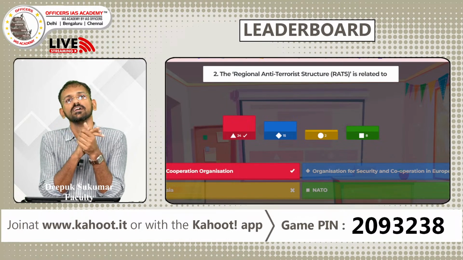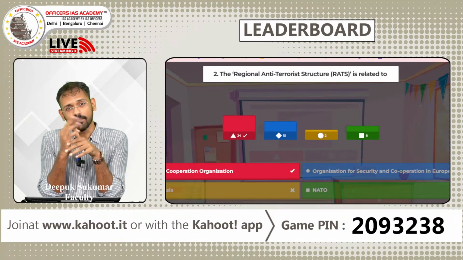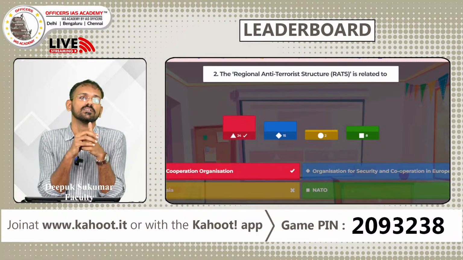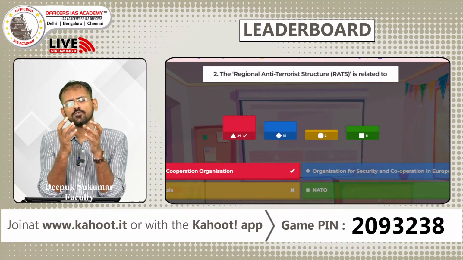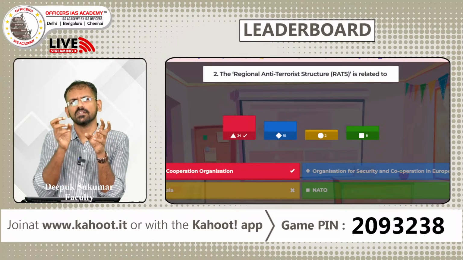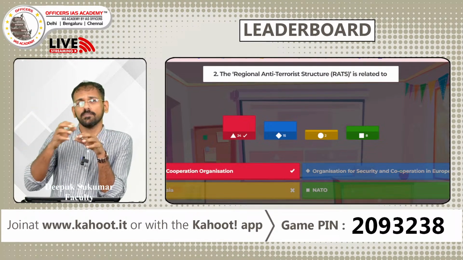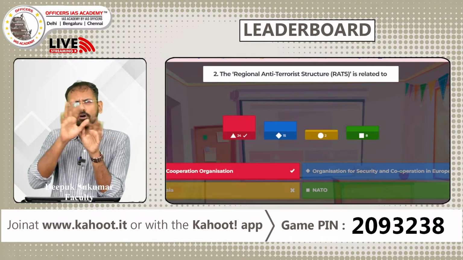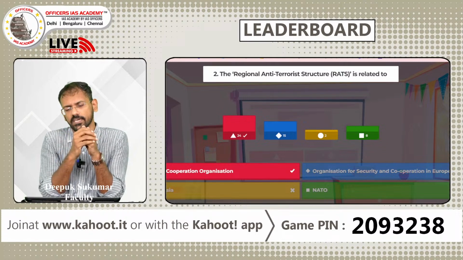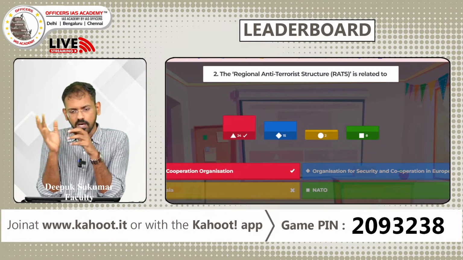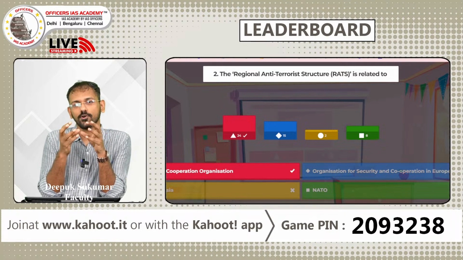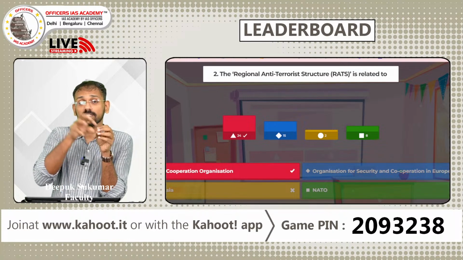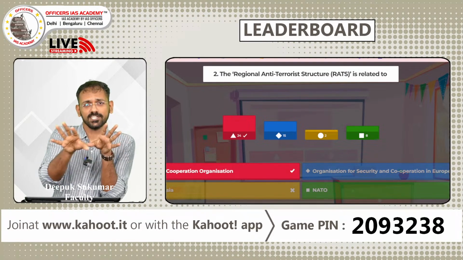India, again, whether it's a part of it or not. These are some countries that you always need to keep in mind. Neighboring countries, whether the US is a part of it, China is a part of it, for any organization. The US and China are the most important, so it's very important that you know whether they are a part of an organization or not.